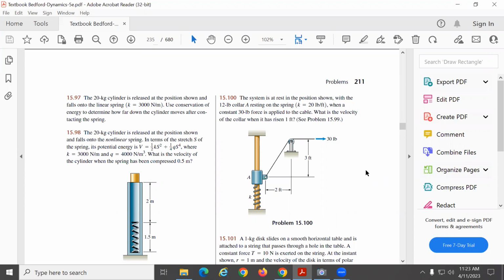Let's see. I'm just doing the figure. A is attached to a string. Okay, so let's see, I put in the distances now: 3 feet, 2 feet.